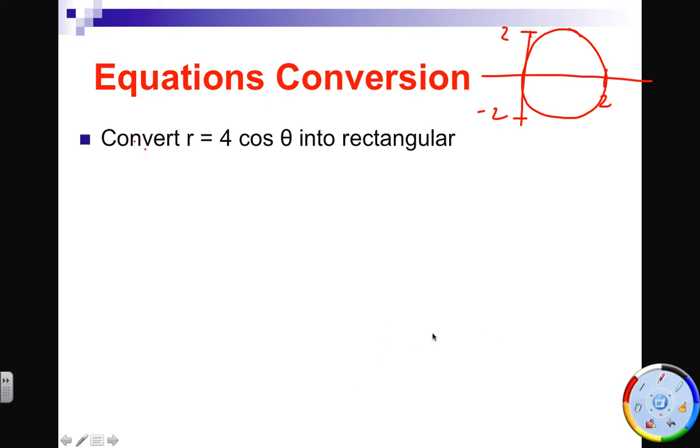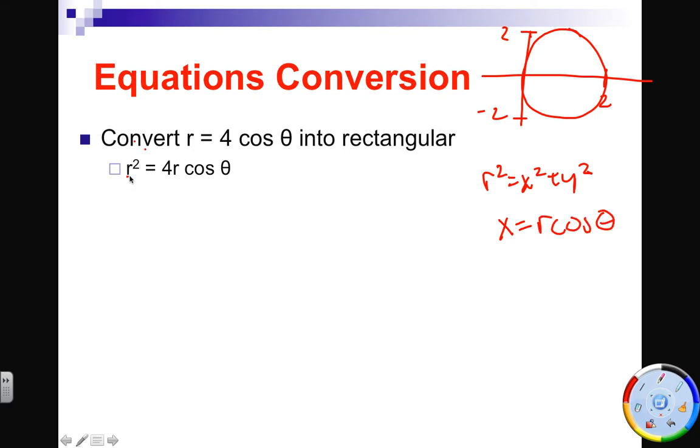Now this takes a little bit of process, but what you're going to do is multiply both sides by r, and you'll see why in a second. So when you multiply both sides by r, you get r squared equals 4r cosine theta. Now, that's really handy because I know that r squared equals x squared plus y squared. And I also know that x is equal to r cosine theta.